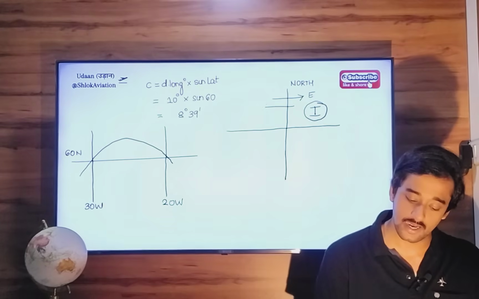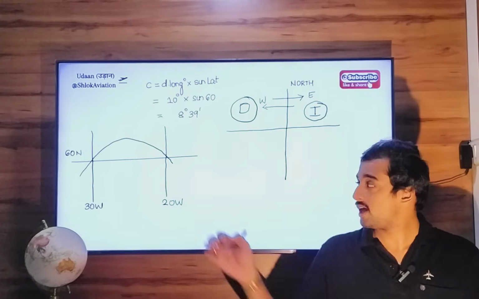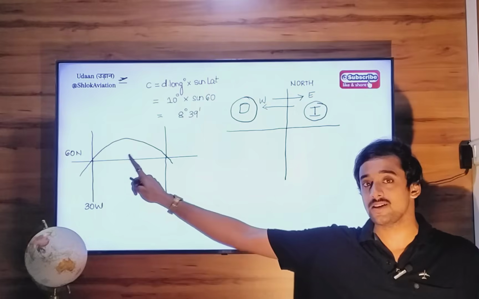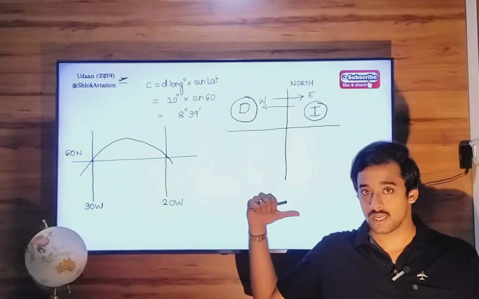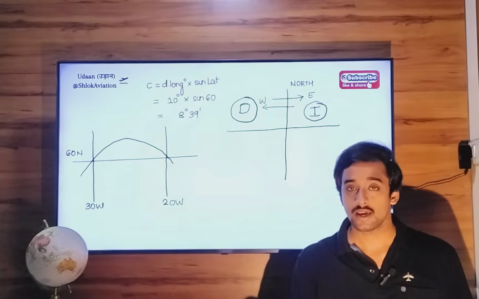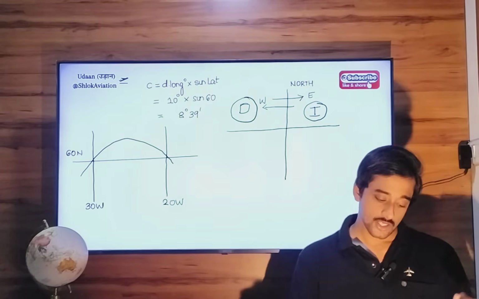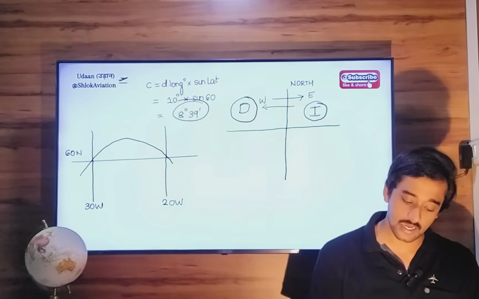If you travel west in the northern hemisphere, the direction of great circle will decrease. So we are in the northern hemisphere and traveling from 30 west to 20 west, easterly. So the change of great circle direction will be an increase of about 8 degrees.